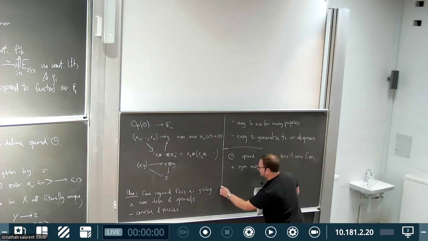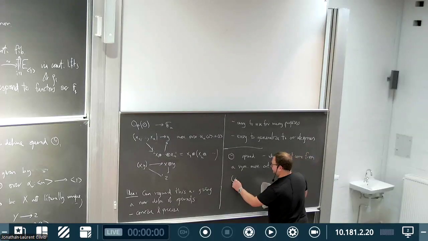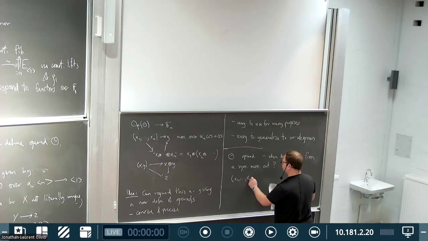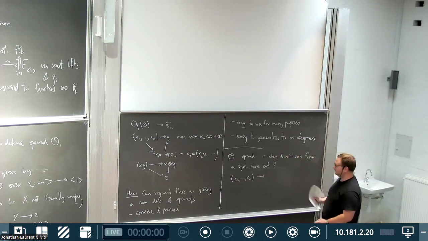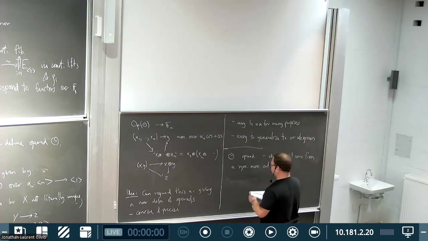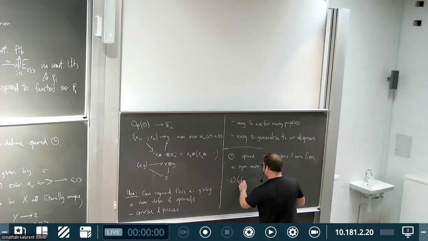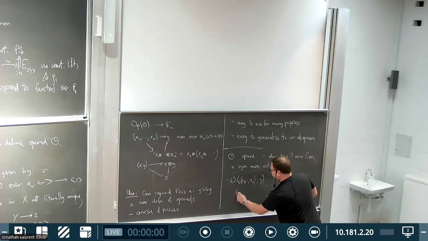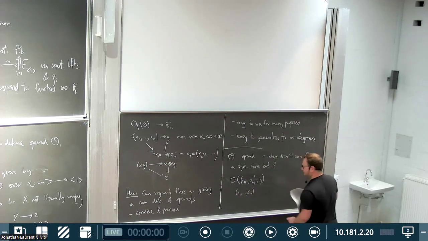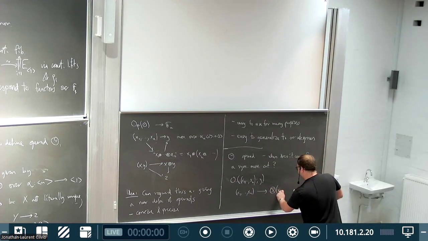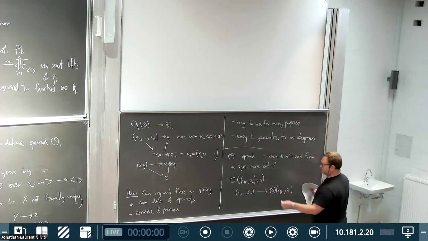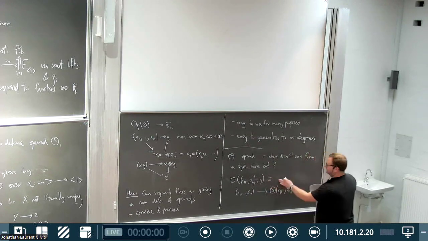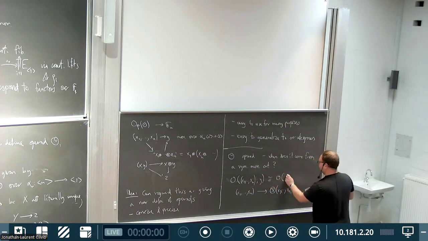First of all, you want to say that multimorphisms from x1 to xn to something are representable. So there exists a canonical multimorphism from x1 through xn to some object that we might call a tensor of x1 through xn.